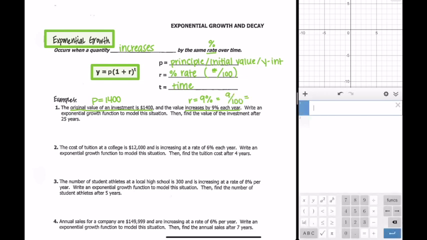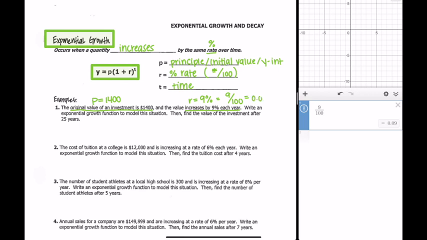And if we divide 9 by 100, we're going to get a decimal number, and we want to change this percentage into that decimal in order to put it in this equation. So our rate is 9%, which is equal to 0.09. So this is what we're going to put into our formula. So we're going to write an exponential growth function to model this situation.